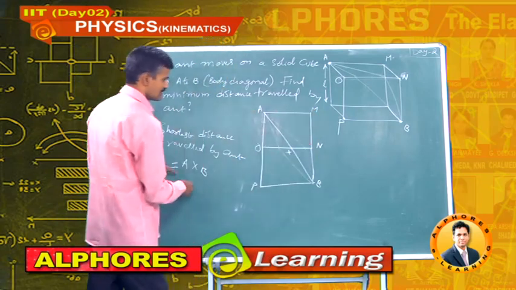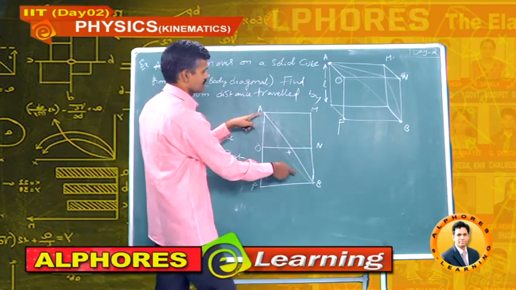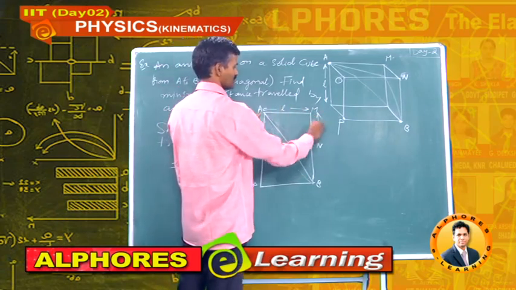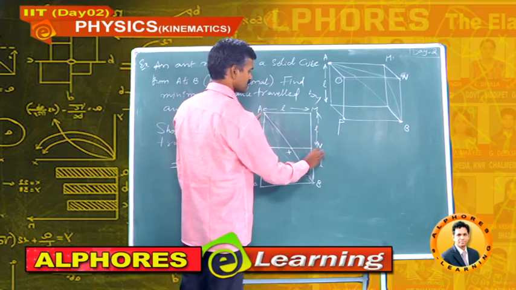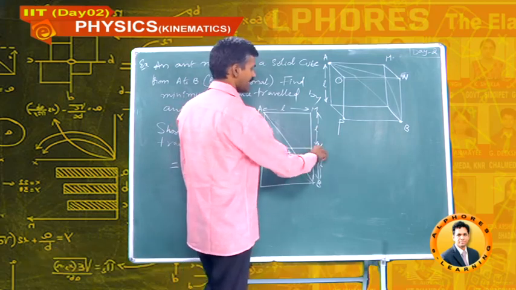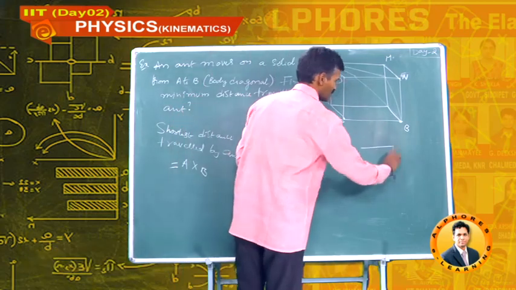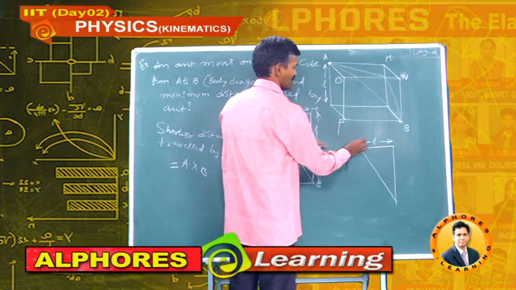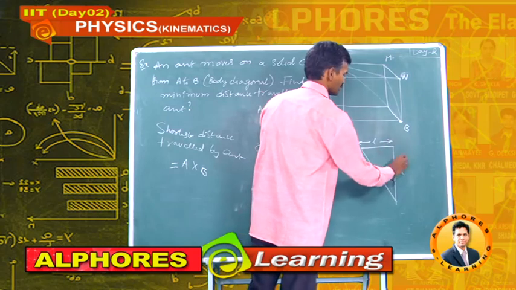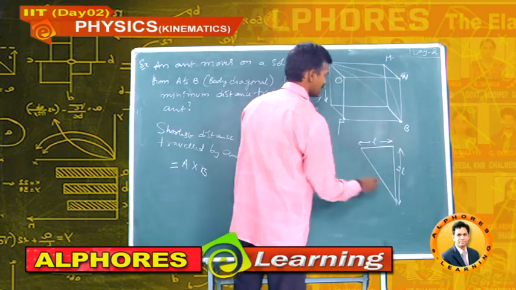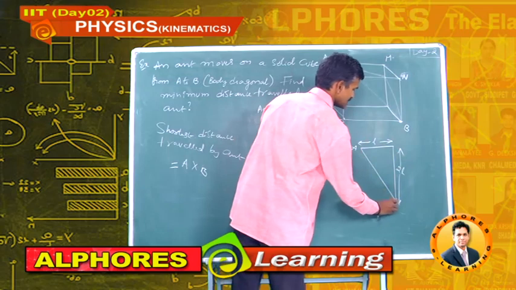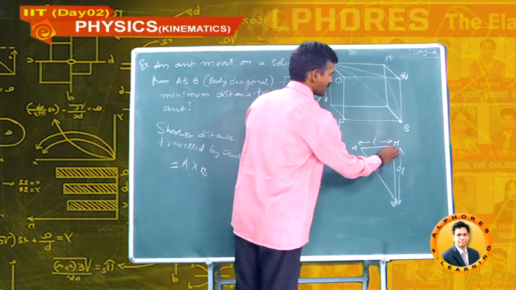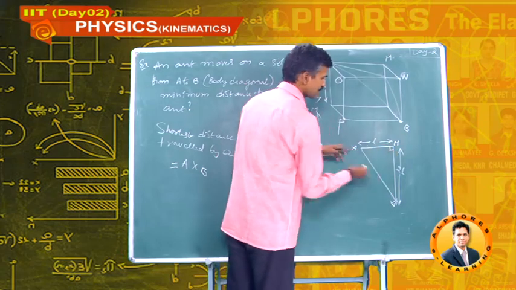How to calculate this AXB? This is L, and this is also L. So here I have a right angle triangle whose one side length is L and another side length is 2L. This is A and this is B. This is M. So I have to calculate the hypotenuse of this triangle AMP.